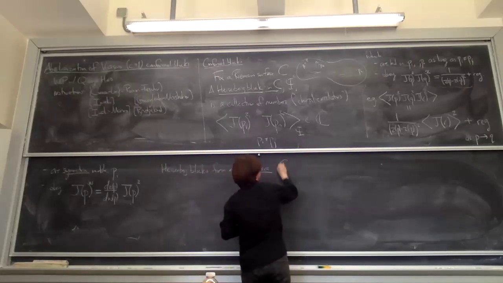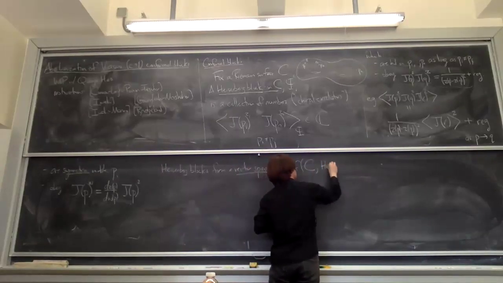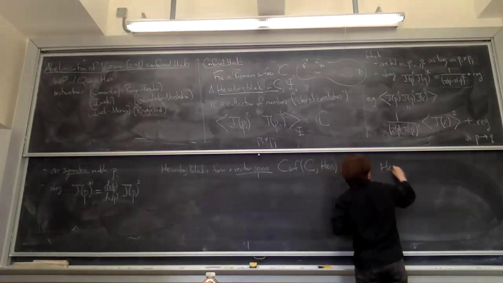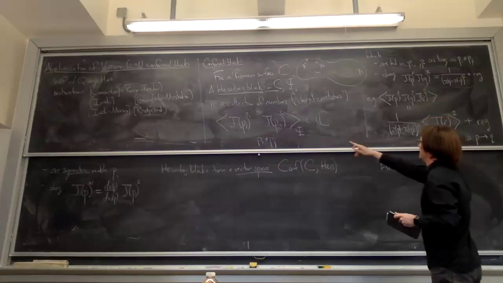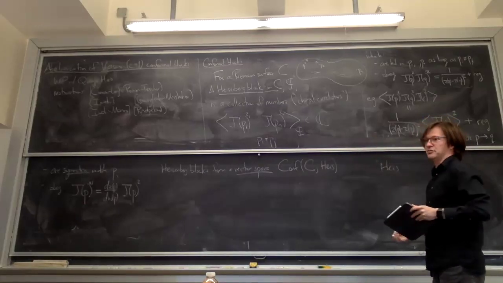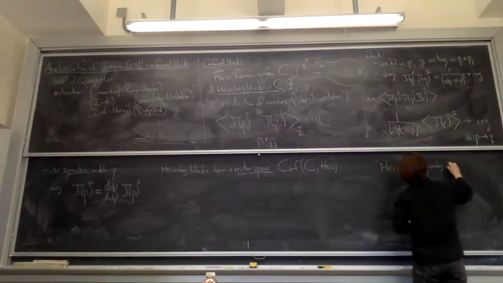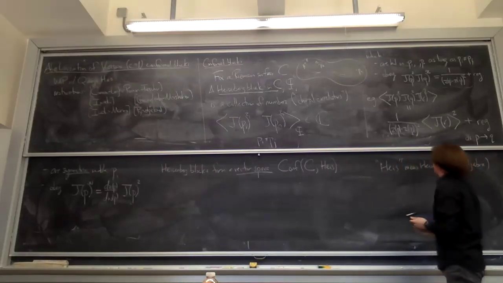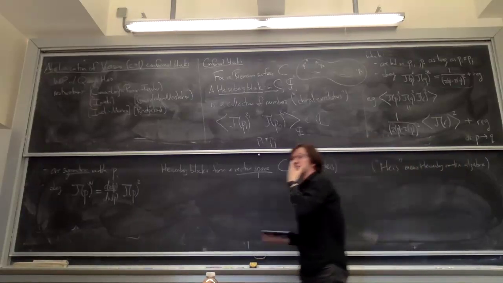I'll call that vector space Conf(C, Heis). By Heis, for people who've thought about vertex algebras, you'll recognize that this J is to be thought of as the generator of the Heisenberg vertex algebra. But for what I'm going to say, you actually don't need to know about vertex algebras. You can just take this to be literally the definition of conformal block.